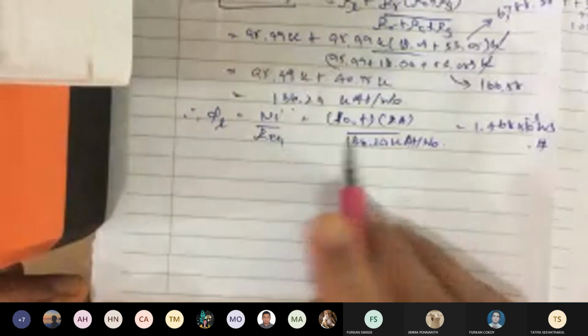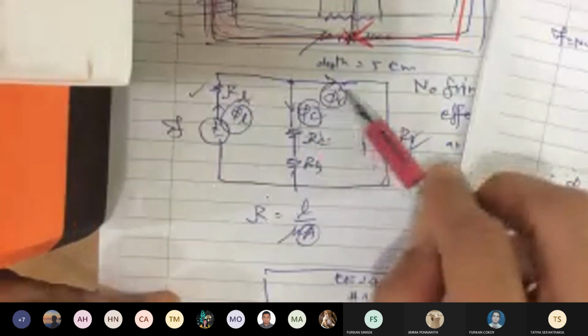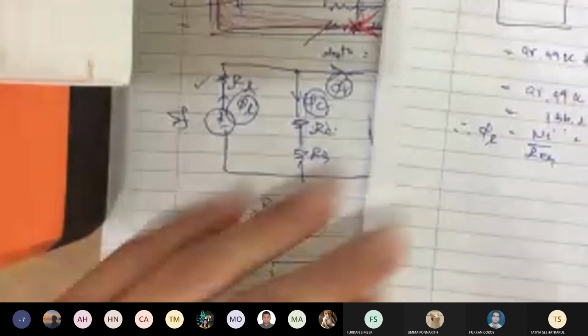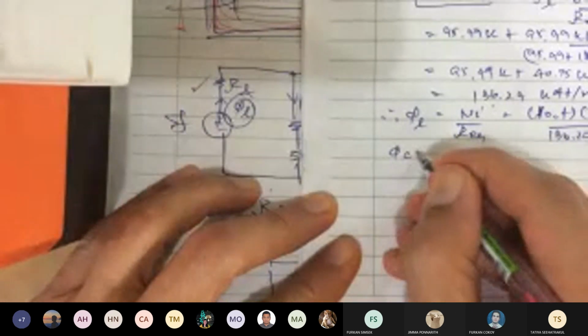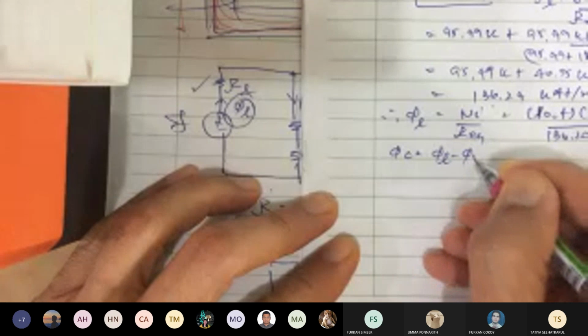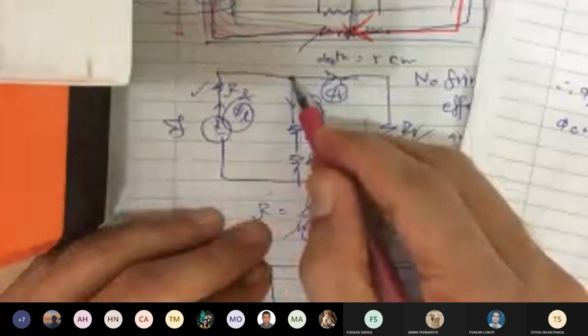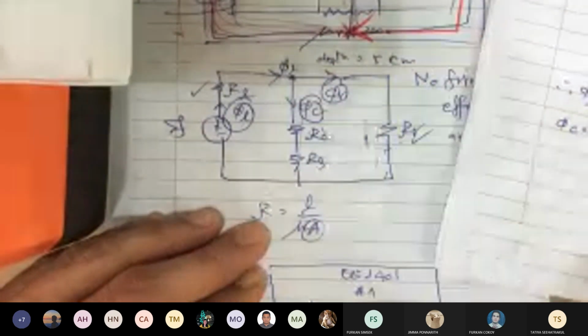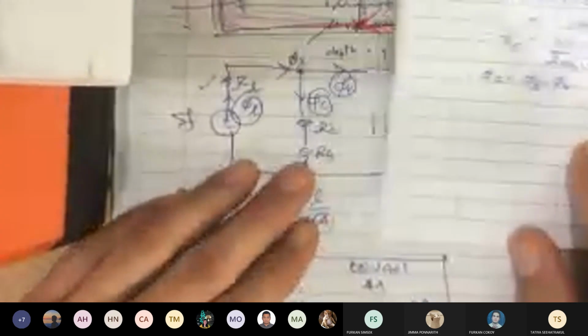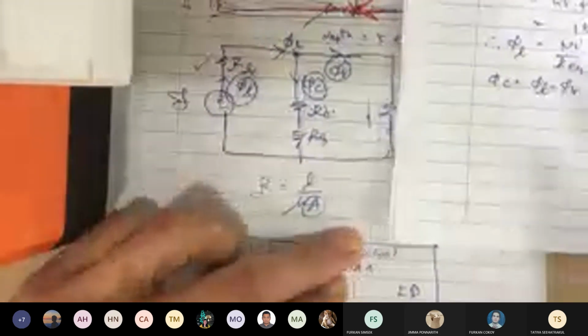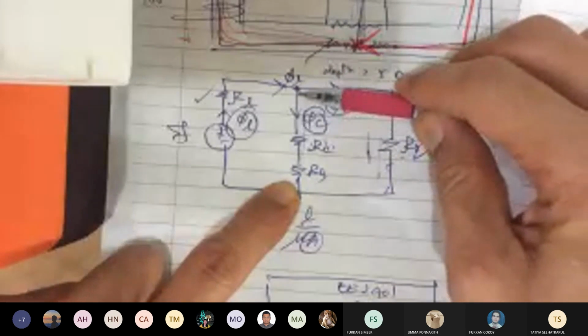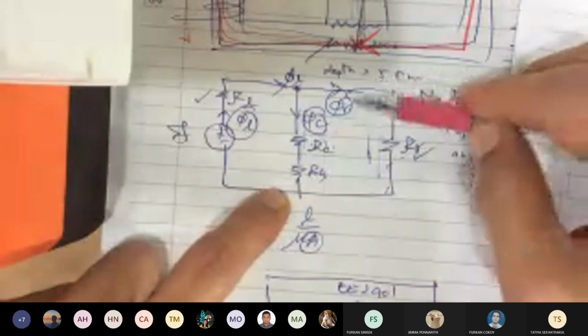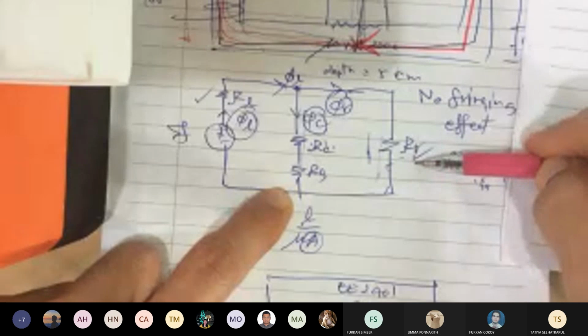Now, we have to use the circuit again to find the center and the right. We know that phi center is equal to phi left minus phi right from this node here. Remember, this is phi left. Okay, and we also know that, like a current divider, the product of phi C times the center must equal phi R times RR.